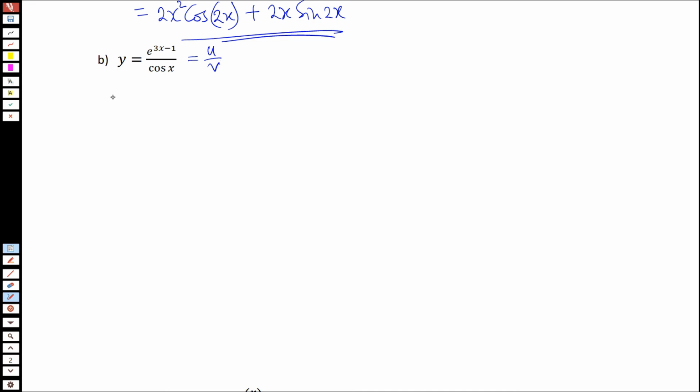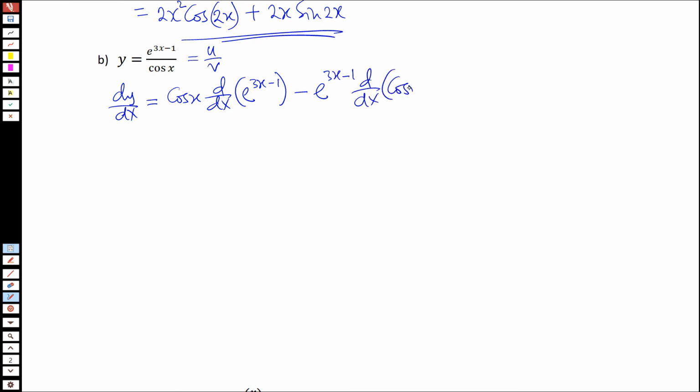So dy over dx, by the quotient rule, will be equal to cos x multiplied by the derivative of e to the power 3x minus 1, minus e to the power 3x minus 1 multiplied by the derivative of cos x, all this over cos squared x.